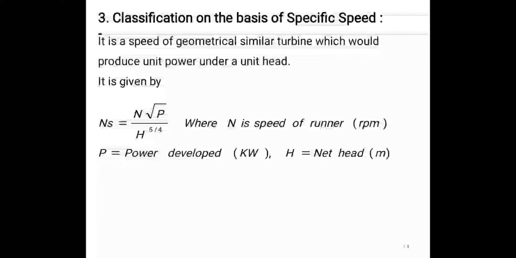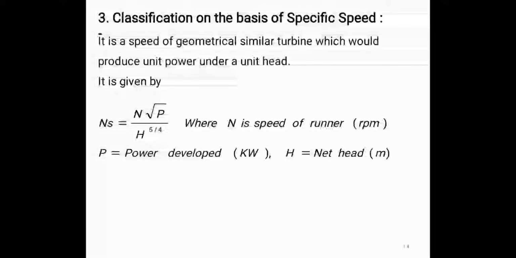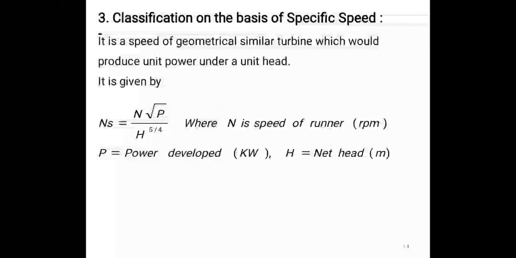It is given by the equation N root P divided by H raised to 5 by 4, where N is the speed of runner in rpm, that is revolution per minute, P is power developed in kilowatt and H is the net head in meter.